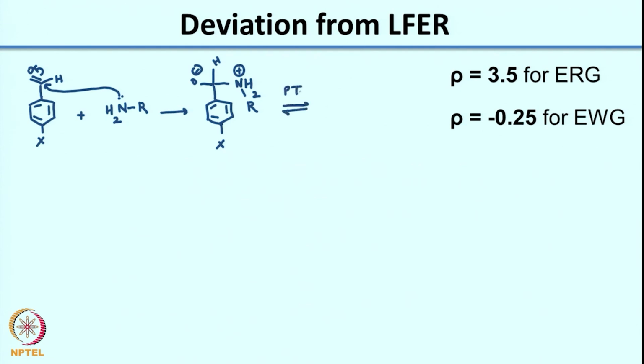So, this would be the intermediate that is generated, and then you have what we call proton transfer, and it will give you this neutral molecule. Now, once you have this, you can again have protonation to give you this, we are just converting this to a better leaving group.